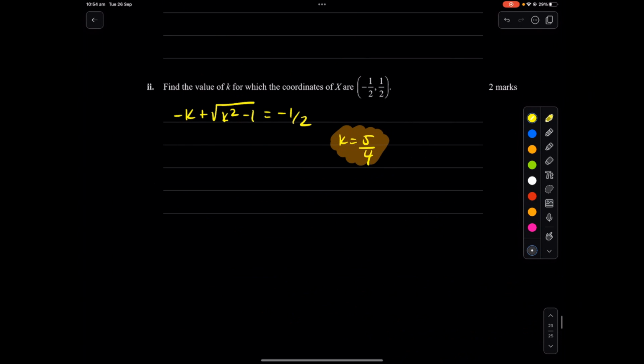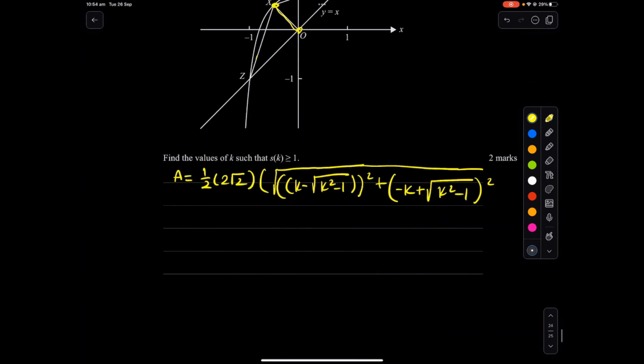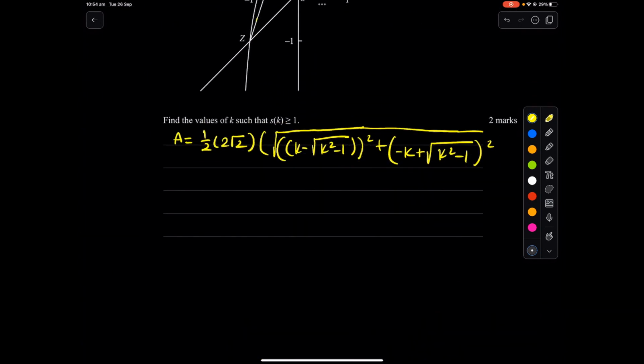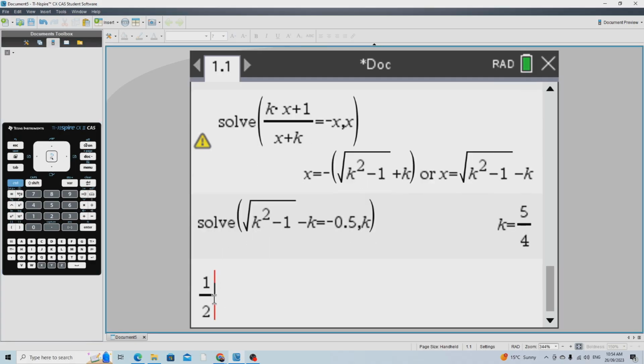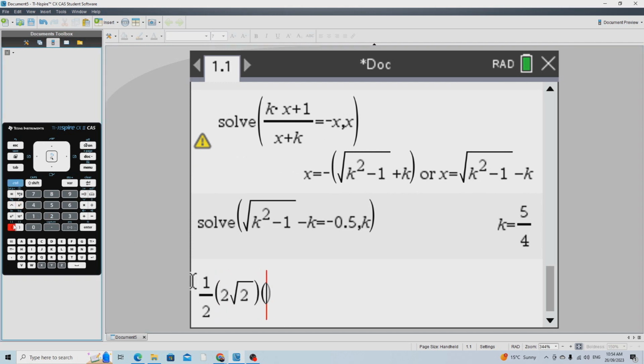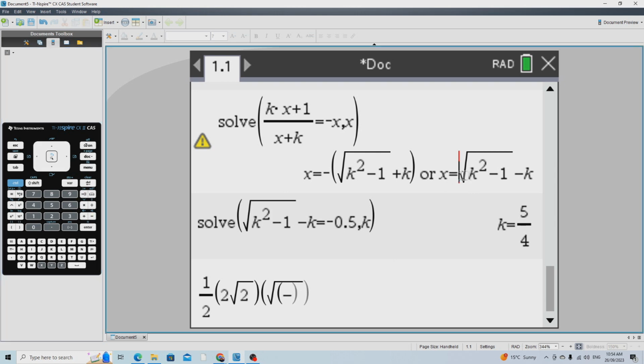Is that right? Yeah. So that gives us the area. So area is, let's write that all down. Using our calculator, half times 2 root 2 times the square root of the y-intercept, which is the negative, so negative this over here. Put it in here.